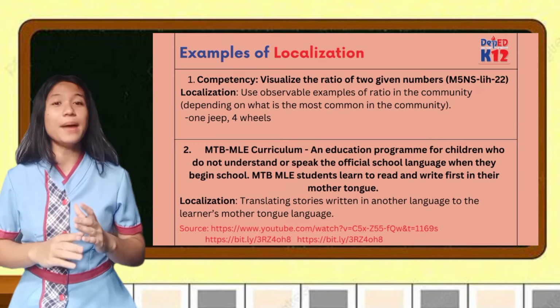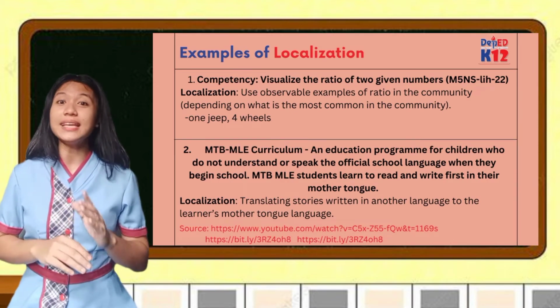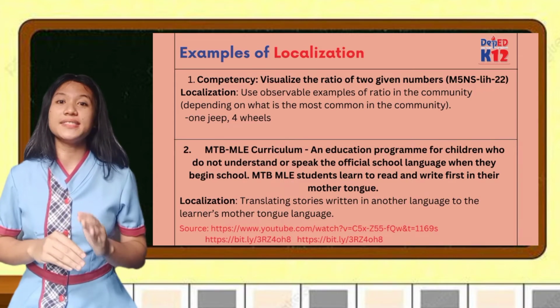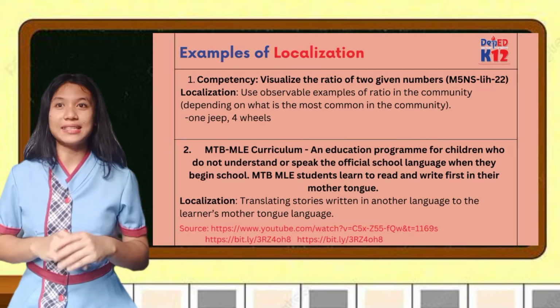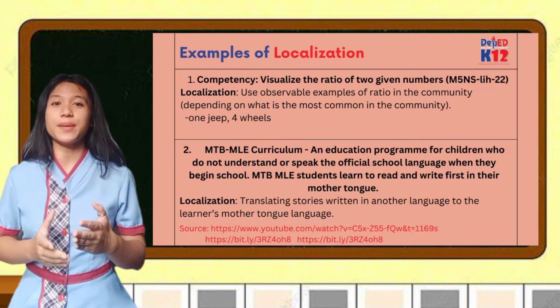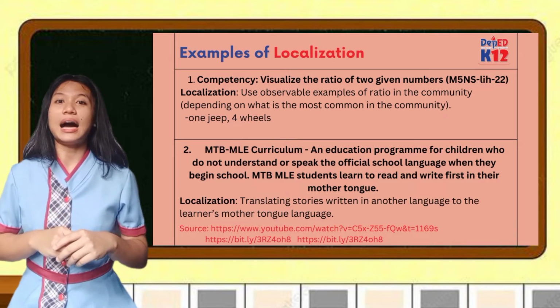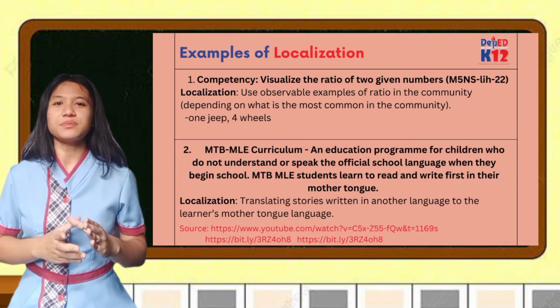An example is when teachers use observable examples of ratio in the community depending on what is most common in the community. For example, one jeep has 4 wheels, so the ratio will be 1/4. Something like that.